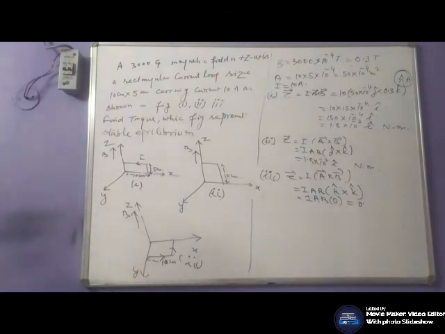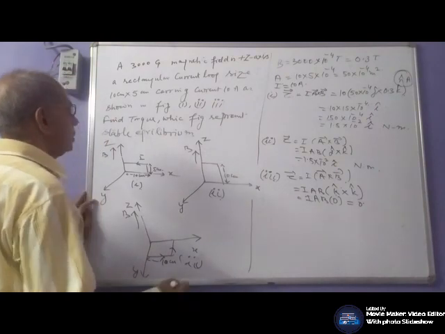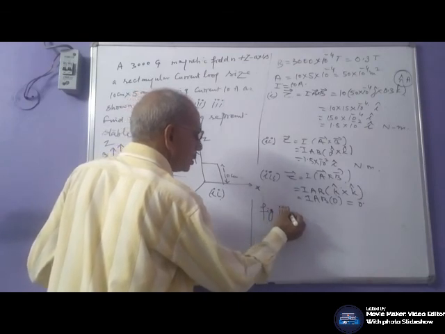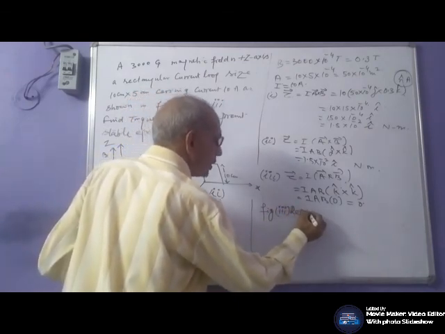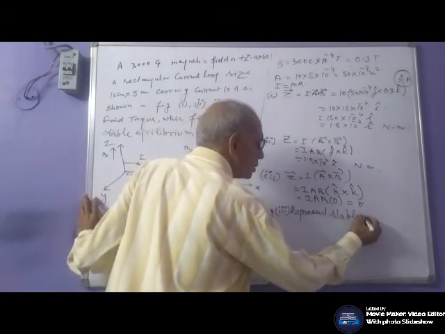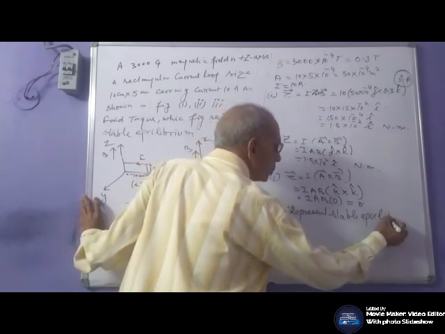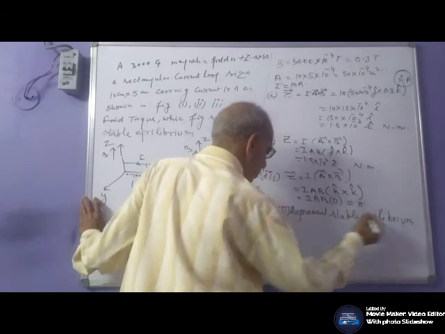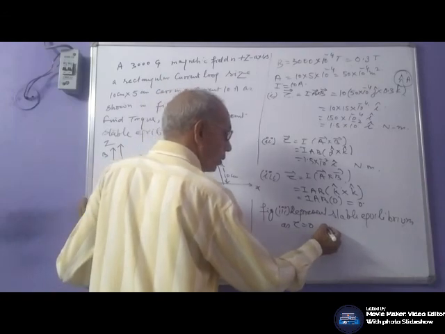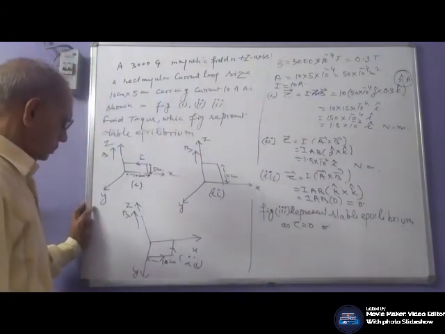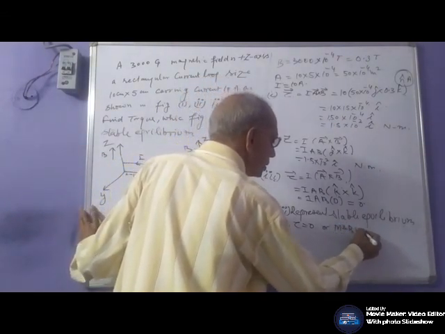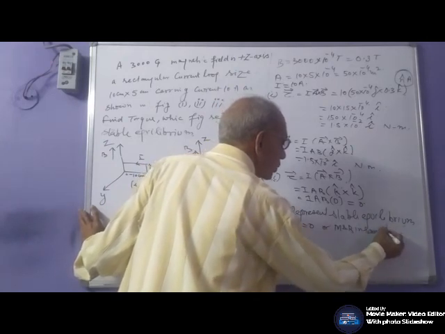Stable equilibrium. Figure third represents stable equilibrium, as torque is 0, or M and B are in the same direction.